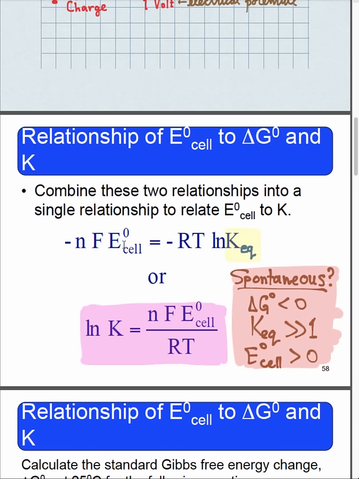But if it is, and I have a standard cell potential, I can get an equilibrium constant for that. And that's done by relating the free energy change in one equation and another equation. The natural logarithm of the equilibrium constant equals the number of electrons transferred times Faraday's constant times the standard cell potential divided by R, the gas constant, and the Kelvin temperature.